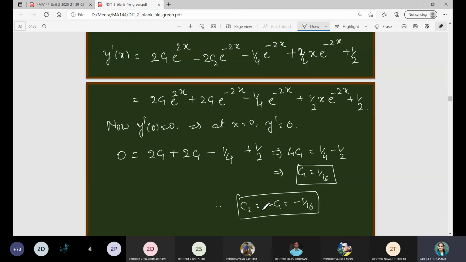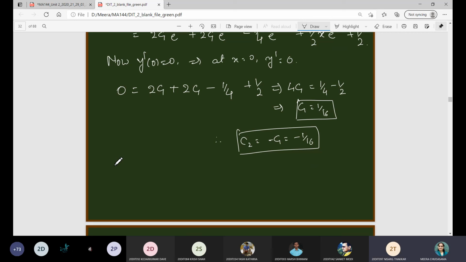So now you got the particular solution, right? Ma'am, C1 will be minus 1 upon 16. Okay. C1, that is the coefficient of e raised to 2x. Yes, ma'am. So in that case, C2 will be positive. So therefore, yes, it will be negative sign over here.